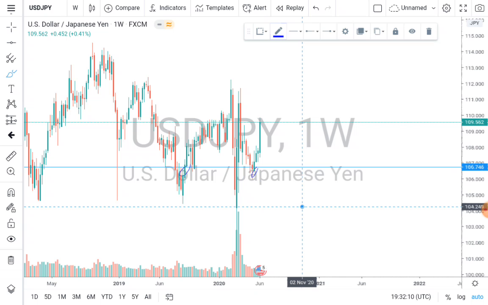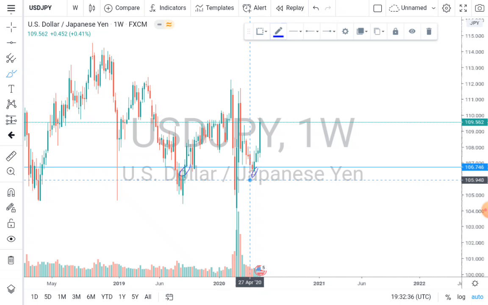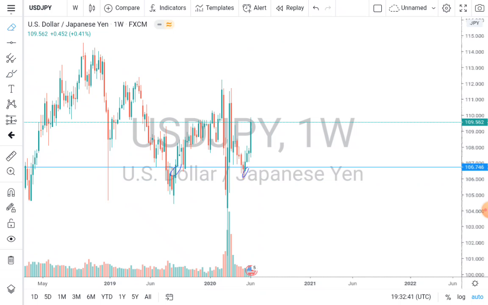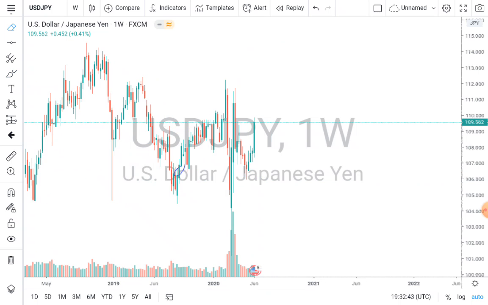From the left part of the chart, you get to see that the resistance on the previous weeks and months is now a support. Which means price cannot go even lower, so it rejected going lower and formed a support there. So basically that's how you get to spot your support and resistance.